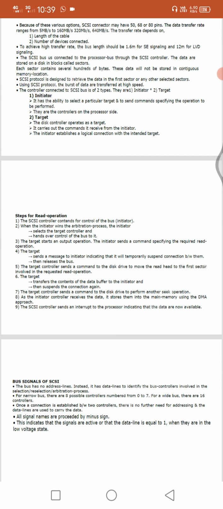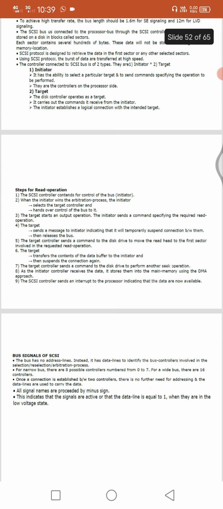In order to fetch the data, first we need to identify the head of the read operation.